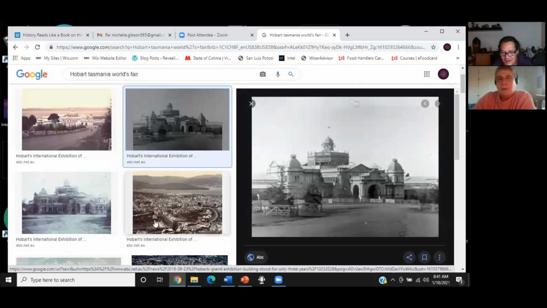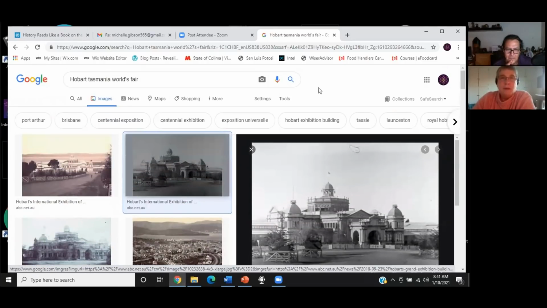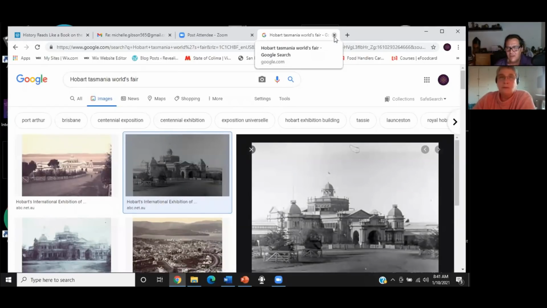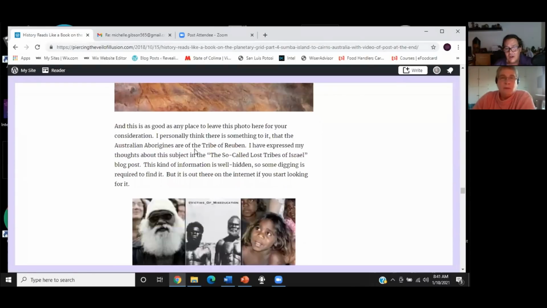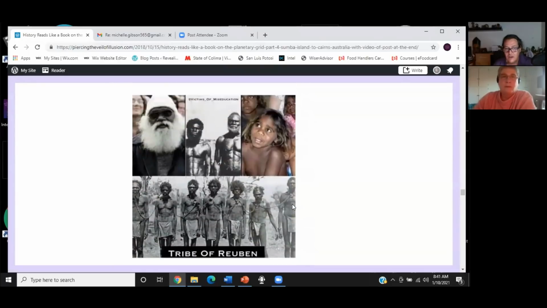Is that Adelaide, that one? I mean, sorry, Hobart? This isn't Hobart. They had Adelaide as well, had one. I can't find one for Perth, but Adelaide definitely, Melbourne and Sydney and Hobart. And the exhibition hall in Sydney is still there. It's absolutely massive. And I reckon they built it in 8 months.